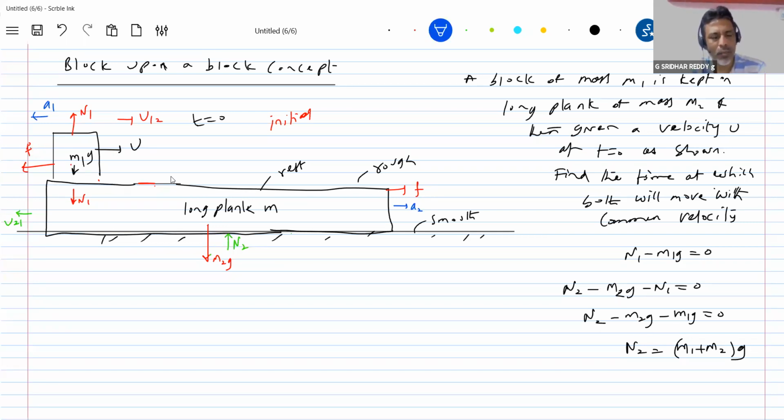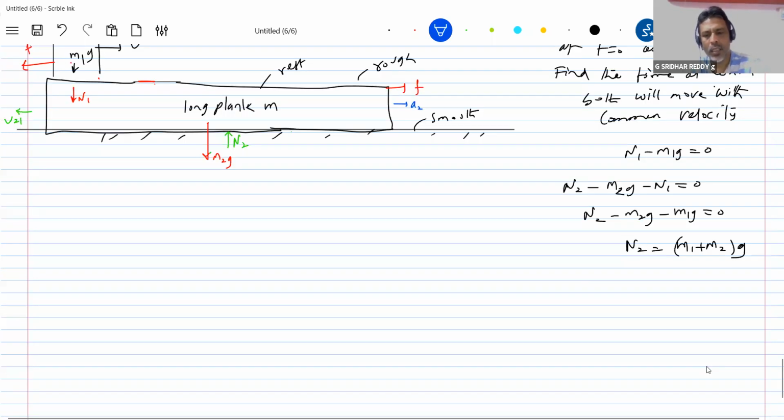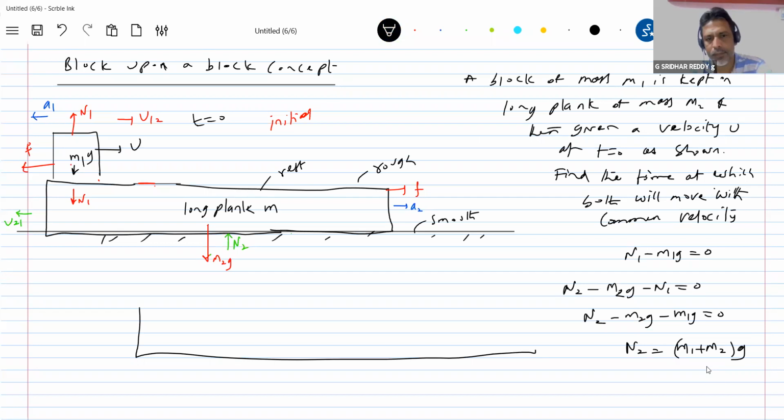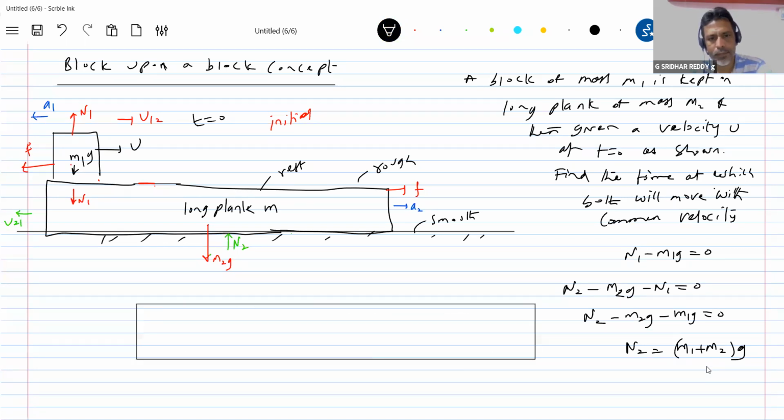What is the acceleration A1? First we'll calculate the specific values here. After some time, can anybody tell what situation will arise? The plank will no longer be here, because of this acceleration the plank will shift, and the block also will shift.